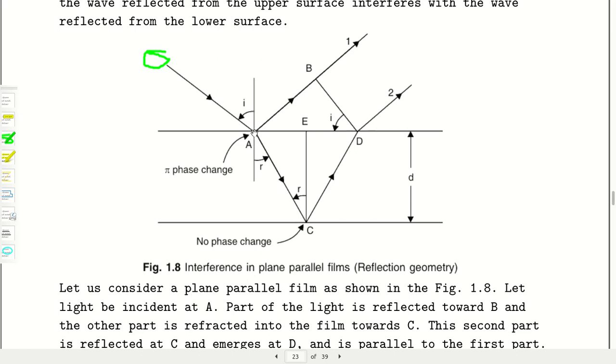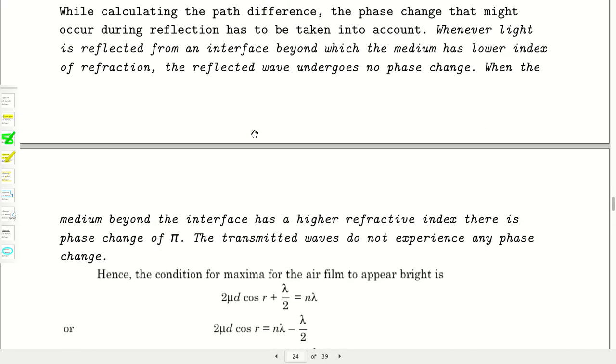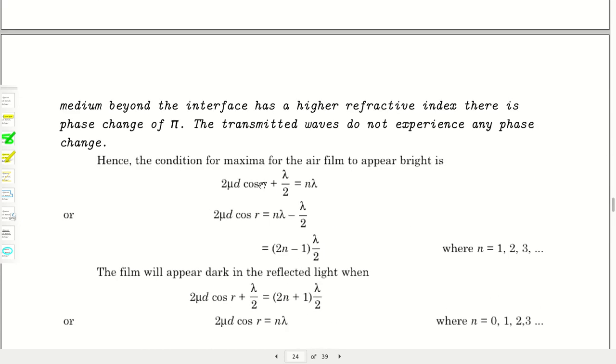The extra path difference should be added to this term, so the net optical path difference will be 2 mu d cos r plus lambda by 2. As we know, if the optical path difference is n lambda, then the maxima condition, that is bright fringes, will appear. From here you can see that 2 mu d cos r is equal to (2n minus 1) into lambda by 2, where n is equal to 1, 2, 3, not 0.